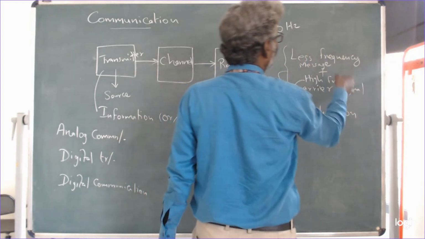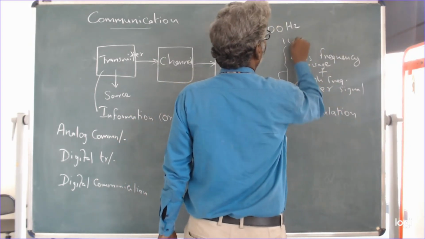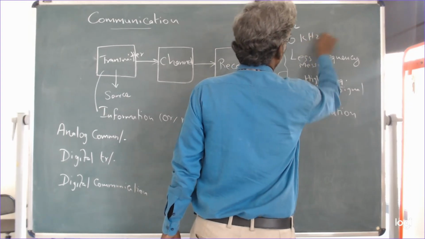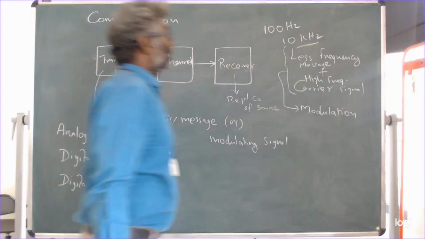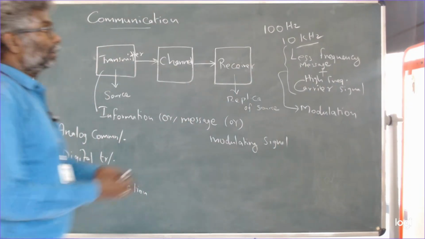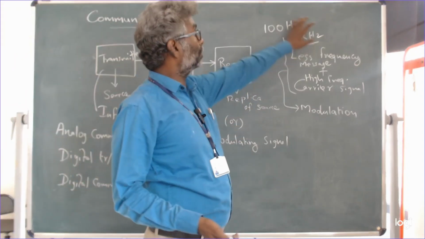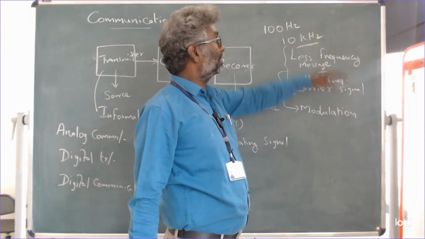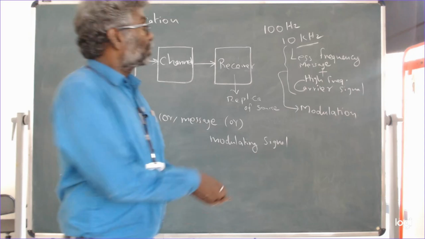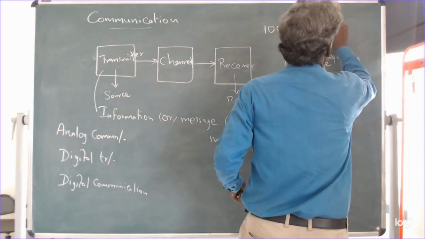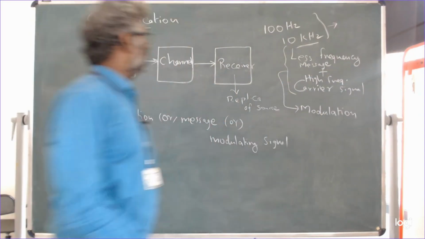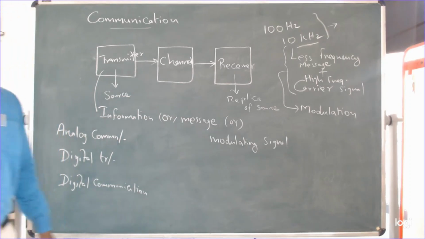So I have to add a carrier signal, maybe a 10 kHz carrier signal. Now the total signal is around 10,100 Hz because I am adding a carrier signal to the message signal. So with the help of the carrier signal, our information can reach the receiver.